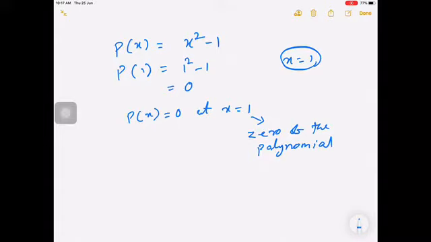So be clear that zero of the polynomial does not mean 0.